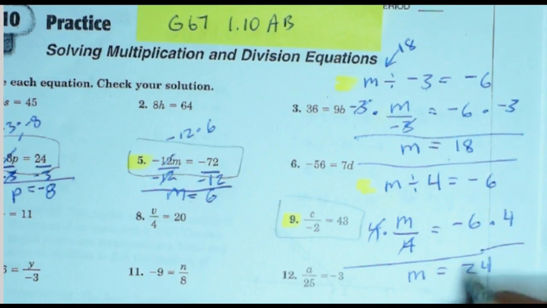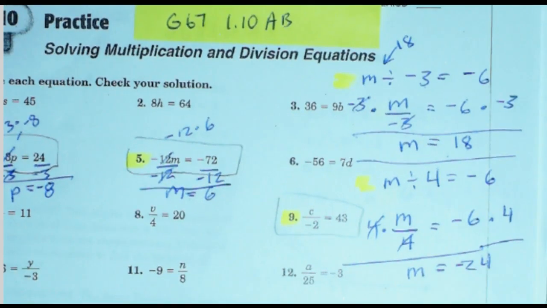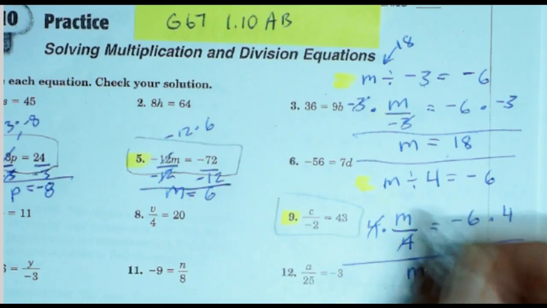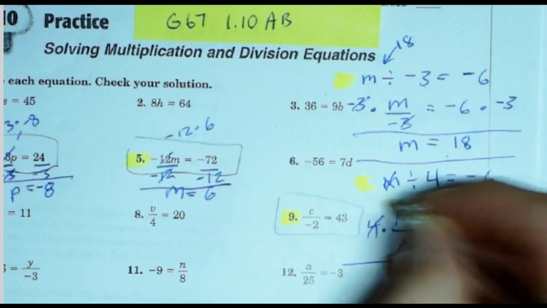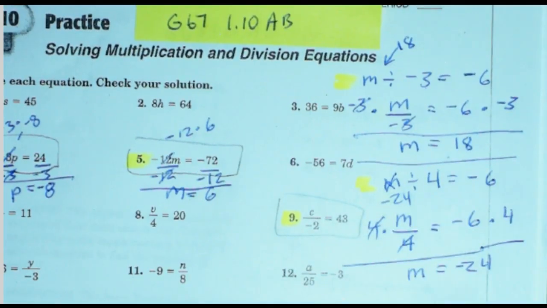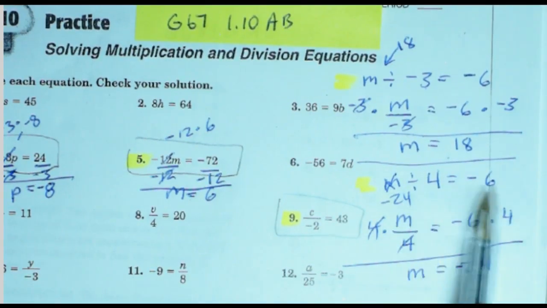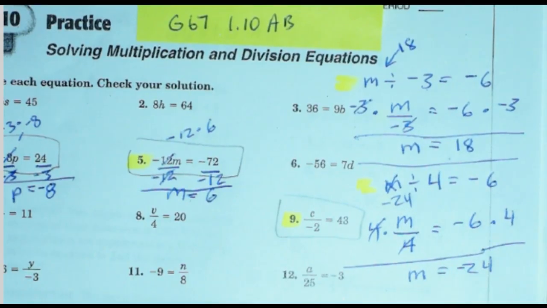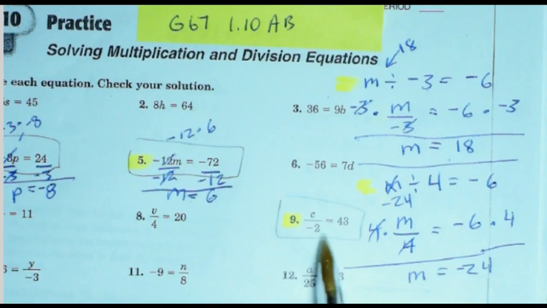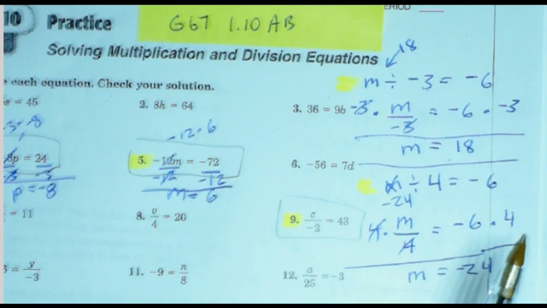We've got one negative symbol, so that's a negative 24. I'm just going to go ahead and pop that in. Negative 24 divided by 4 would be a negative 6, because 24 divided by 4 is 6, and you got one negative symbol.